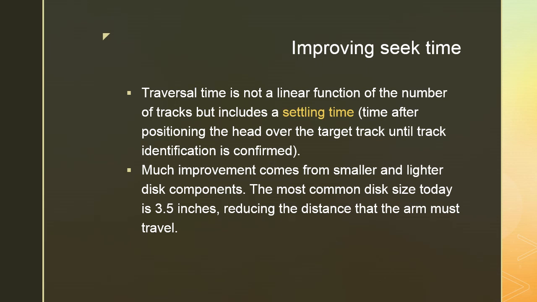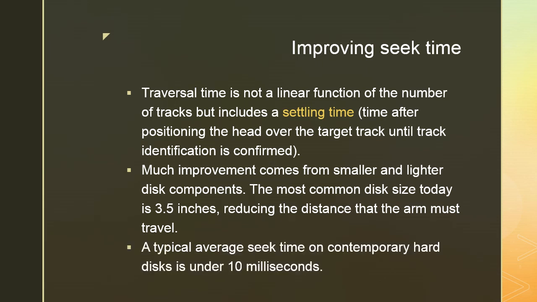Some years ago, a typical disk was 14 inches in diameter, whereas the most common size today is 3.5 inches, reducing the distance that the arm must travel. A typical average seek time on contemporary hard disks is under 10 milliseconds.